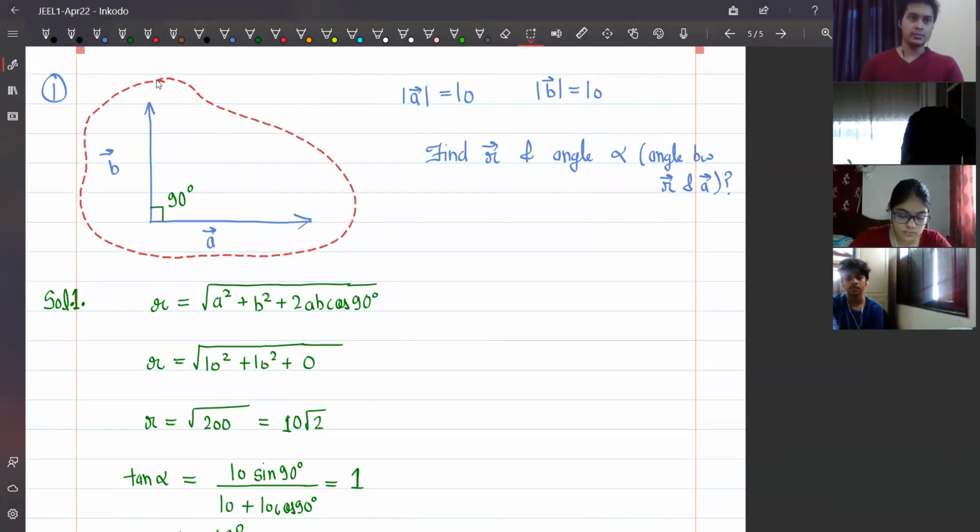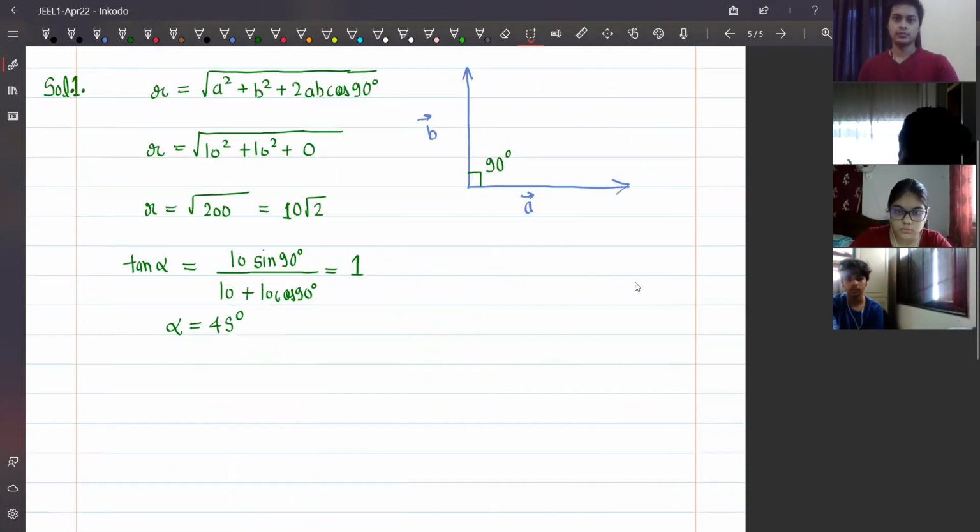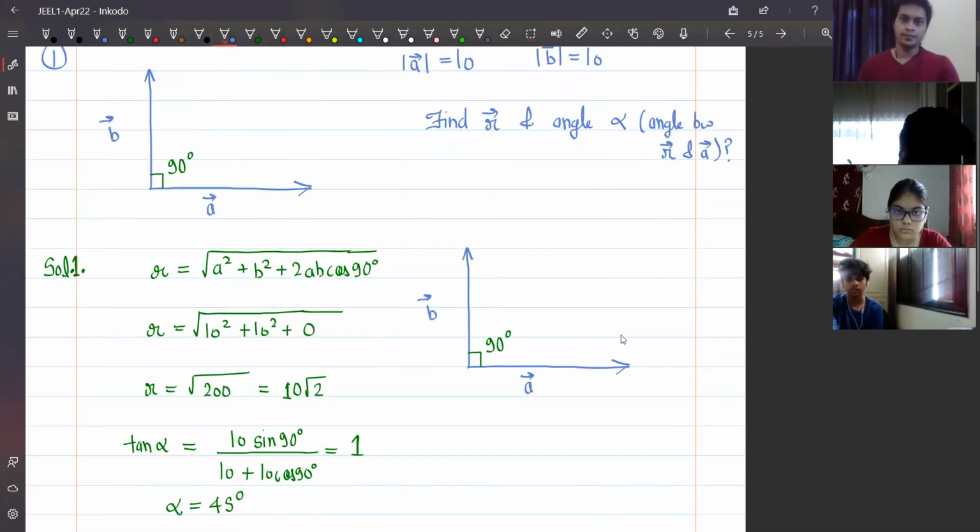I'll keep the question and the answer separate. So from initial tail to final head, this is your B vector. Now see, both are 10. This is 10, this is 10. This is 90 degree. You can do it directly by the Pythagoras theorem also. This will come as 10 root 2. And see, if both sides are equal, then this angle will be 45 degree. That makes sense.